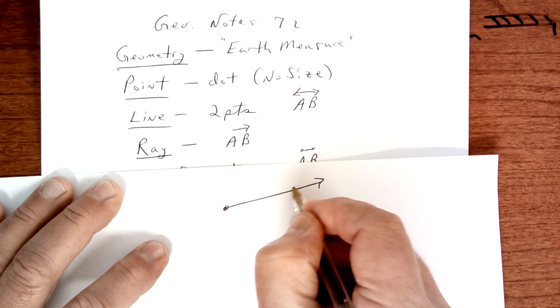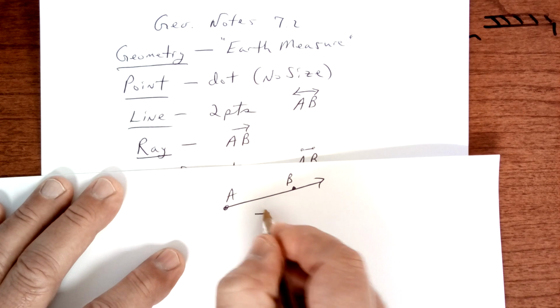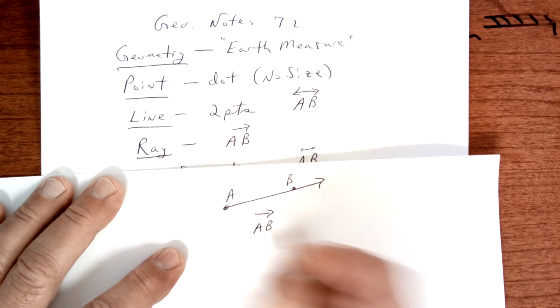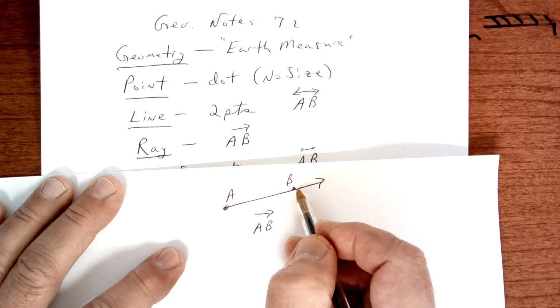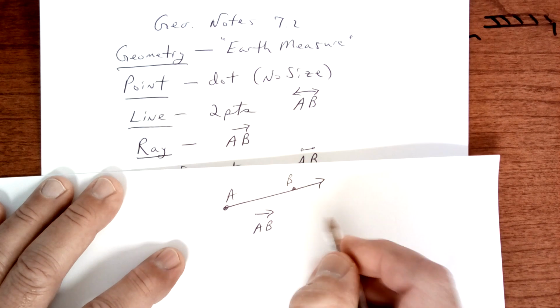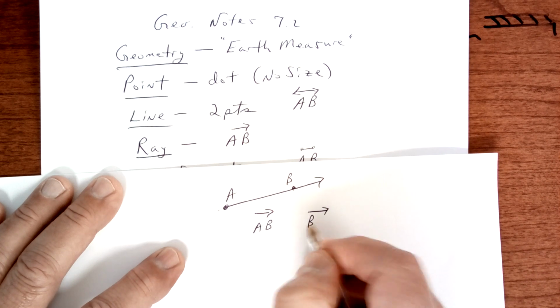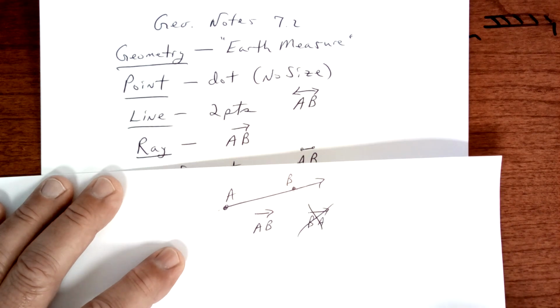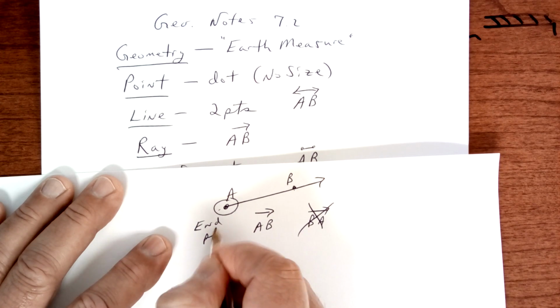So this would be like ray AB. So you would say ray AB. Okay? Now you can't name this backwards. You can't say ray BA. That would be wrong. Okay, you got to start from the end point. Copy that down.